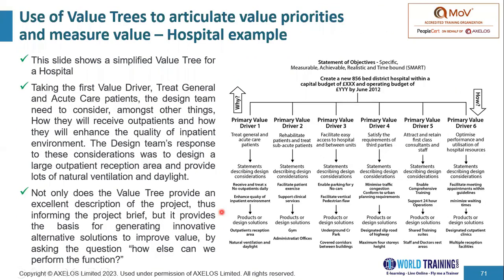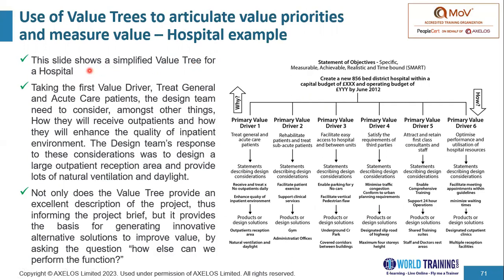So here we have an example of the use of a value tree to articulate value priorities and measure value. We have an example of a hospital on this particular slide. This slide shows a simplified value tree for a hospital.